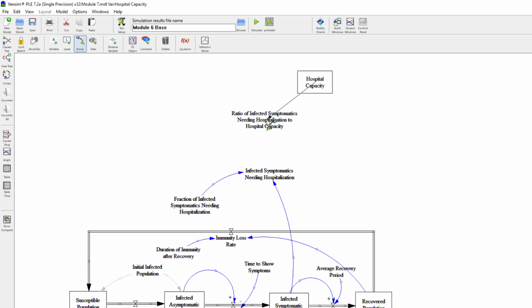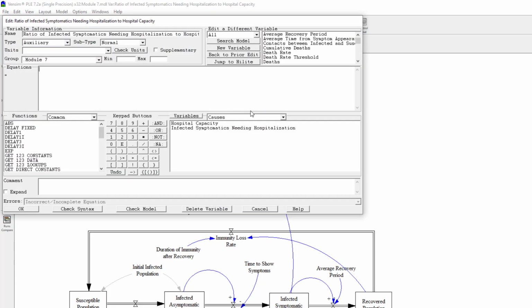So create arrows like this. The equation for this would be, in the numerator, infected symptomatics needing hospitalization, divided by hospital capacity. The unit, this one is persons, this one is persons, so it's a ratio, and the unit's going to be dimensionless.